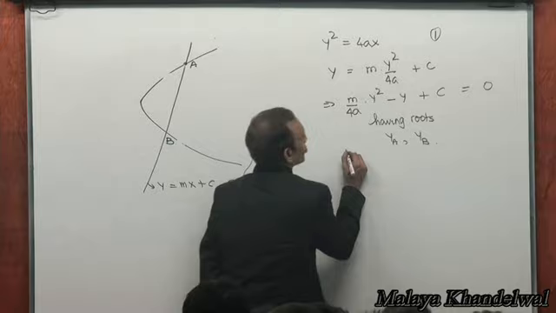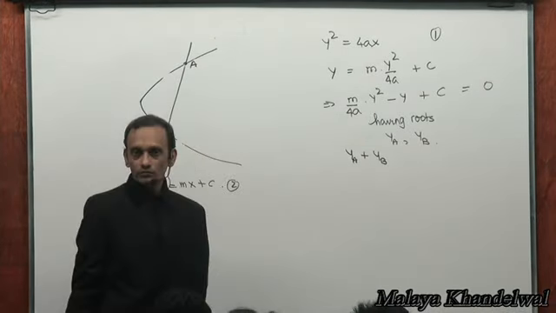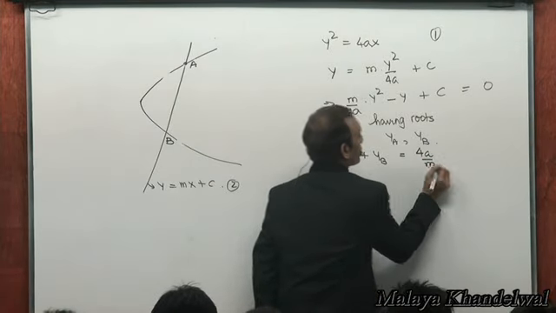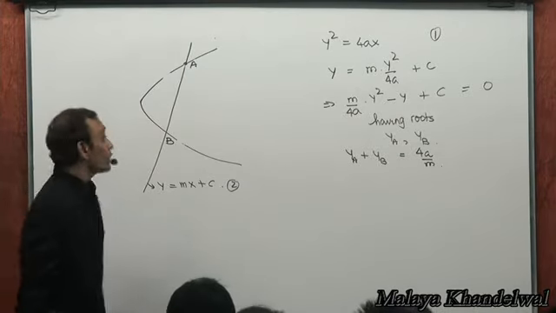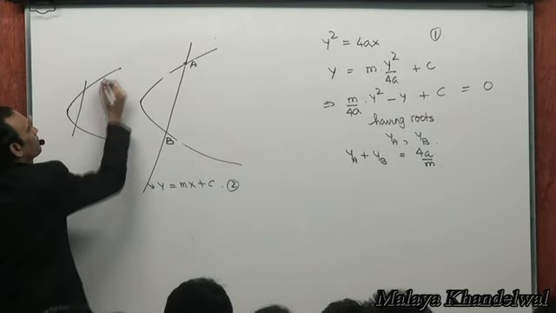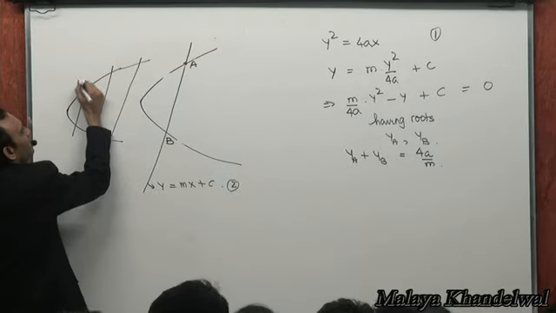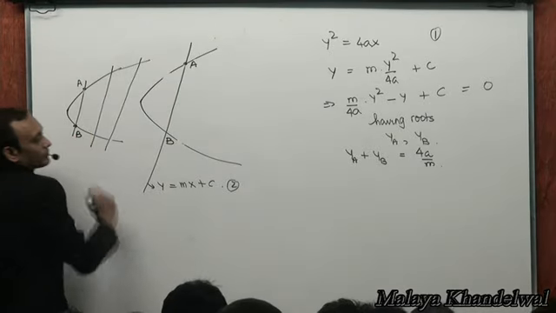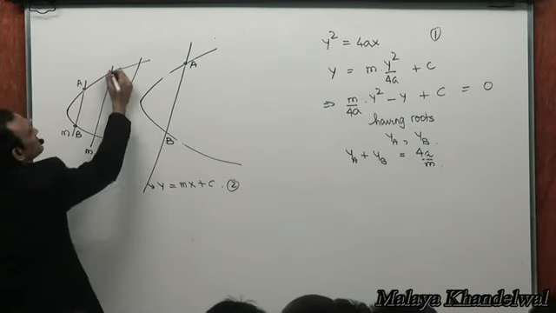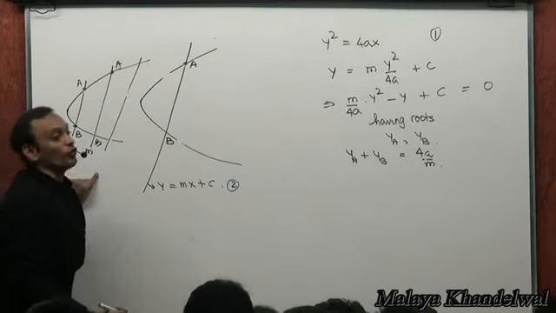Now, ya plus yb would be the sum of the roots of this quadratic, and that's going to be 4a by m. Meaning, any line of slope m, if you take the y of A and the y of B for this line, that's going to be 4a by m.